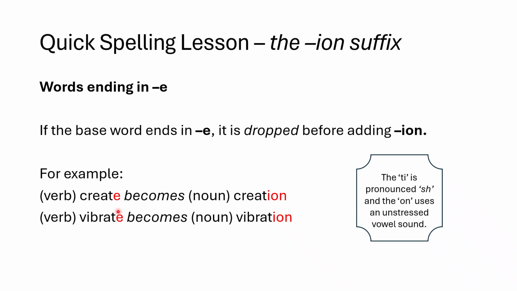In these examples, you can see the silent final E is not included in the spelling when the ION suffix is added to make the noun. Create, creation. Vibrate, vibration. The TI is pronounced sh, and the ON uses an unstressed vowel sound.